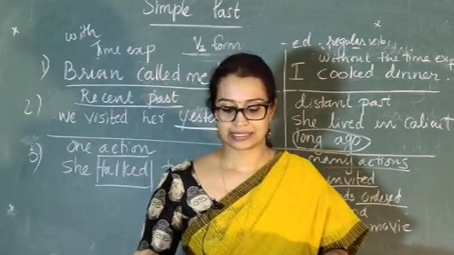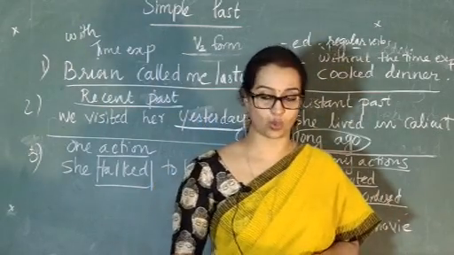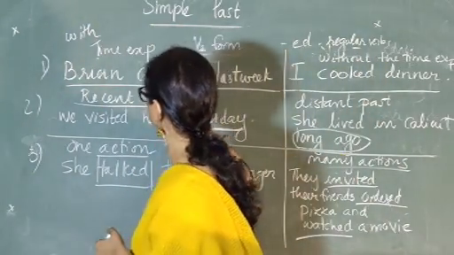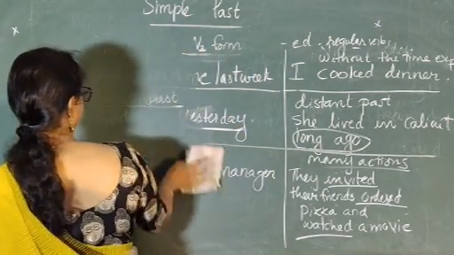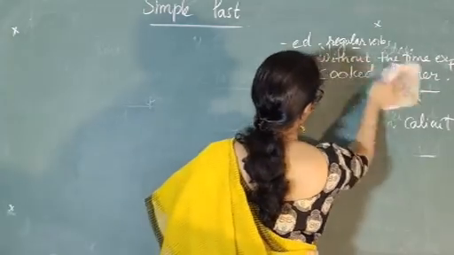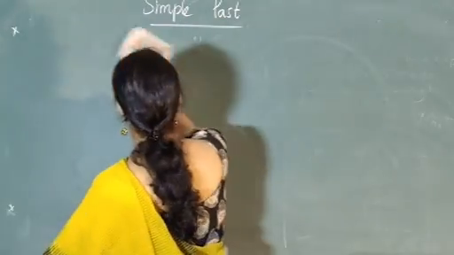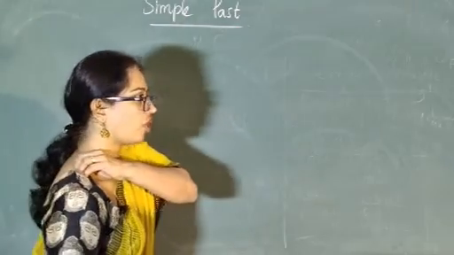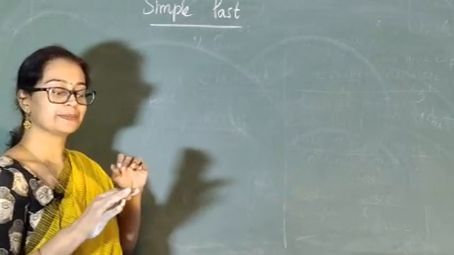Now the examples would be the simple examples with was and were. Which auxiliaries do you use for simple present?